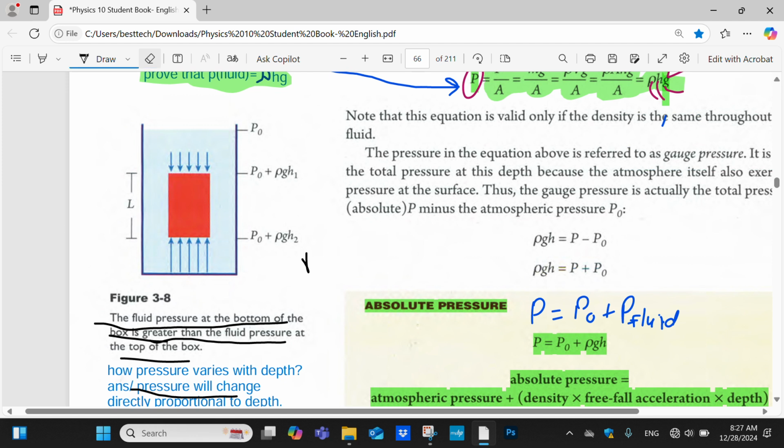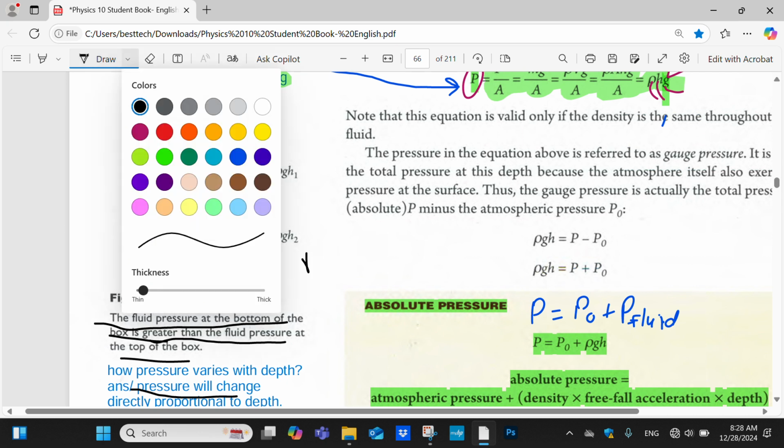I want to find the total pressure that affects this object. Actually, two pressures can affect this object. The first pressure is the pressure of the water, the pressure of the type of the fluid. Now here we have water. The pressure of the fluid, the pressure of the water, can affect this object.